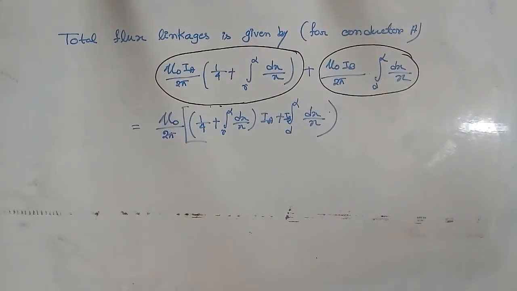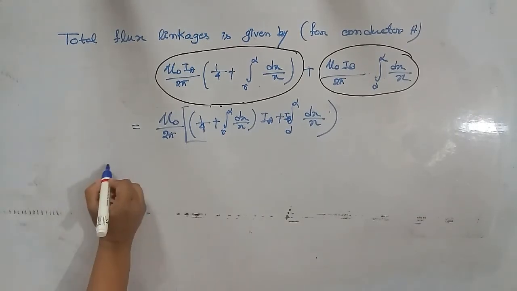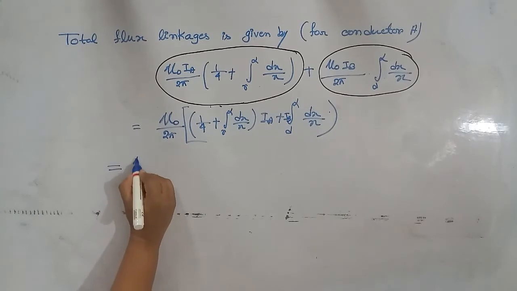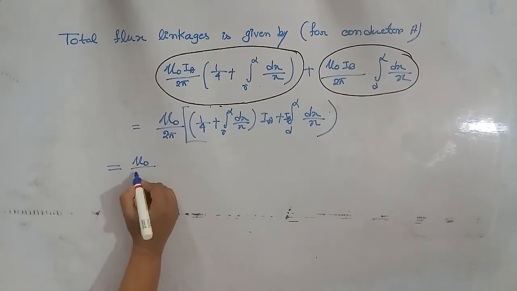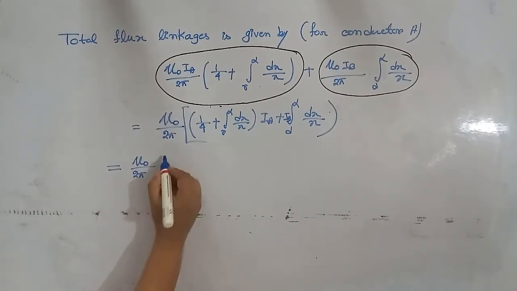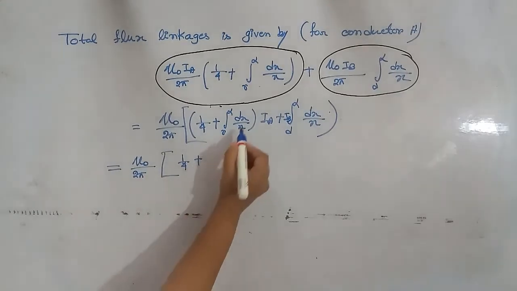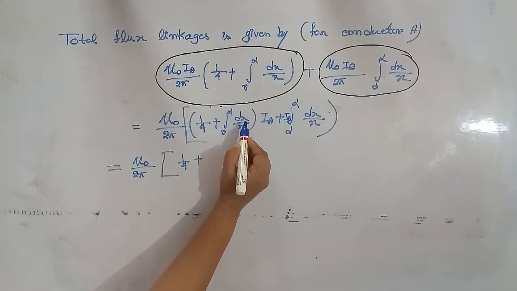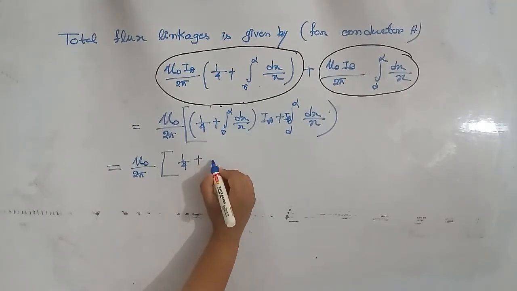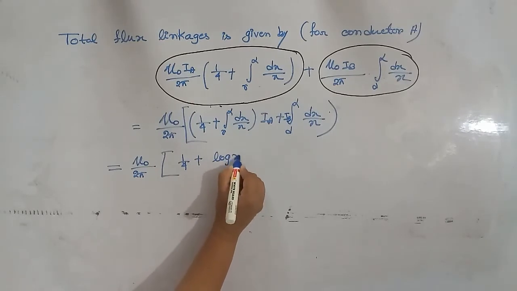Now we take mu 0 by 2 pi common. So this can be written as mu 0 by 2 pi, 1 by 4 plus, what is the integration of dx by x? Integration of dx by x equals log x.